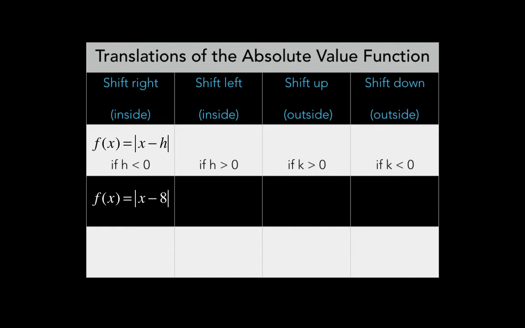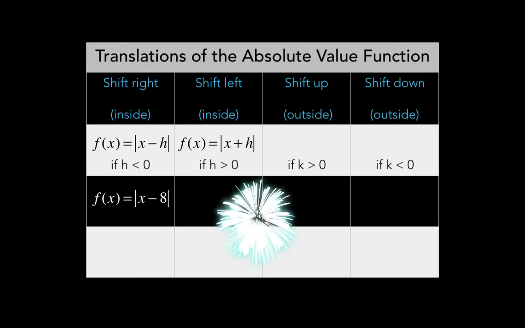So I want you all to try and give an example of a g function that would move to the right. Now, movement to the left happens when you take your x value and add some positive h value there. An example would be f of x equals the absolute value of x plus 6. That would shift that function in your coordinate plane 6 units to the left.